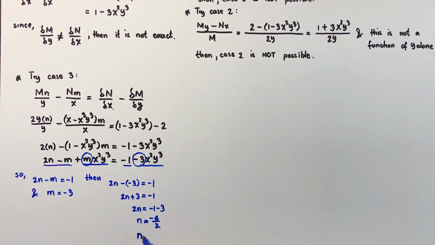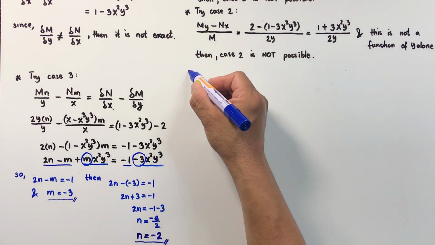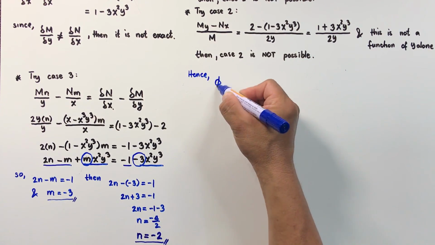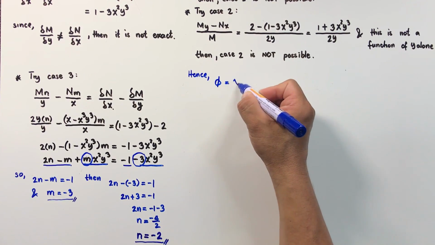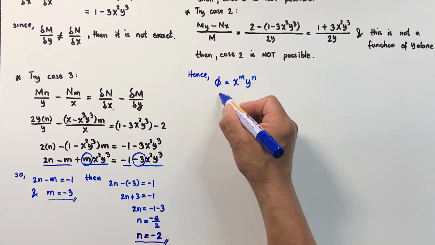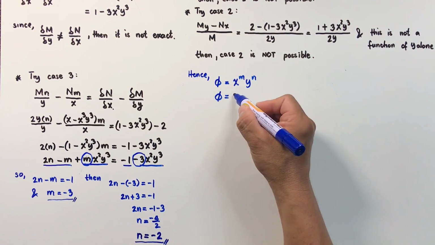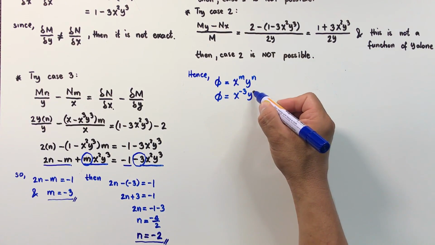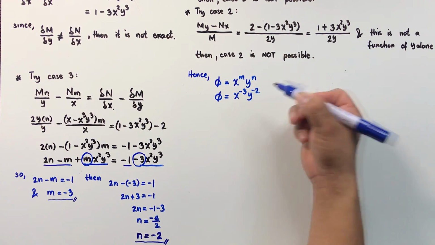So n is equal to negative 2. Now that we have our values of m and n, hence we can determine our integrating factor phi, which is equal to x to the power m times y to the power n. And we know that m is negative 3 and n is also negative 2.